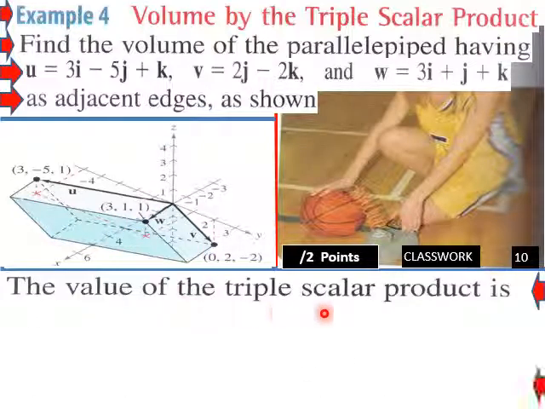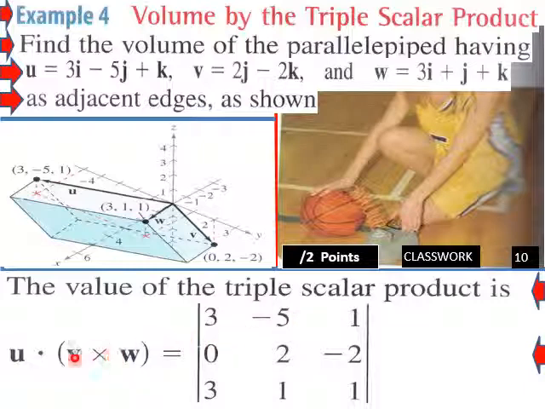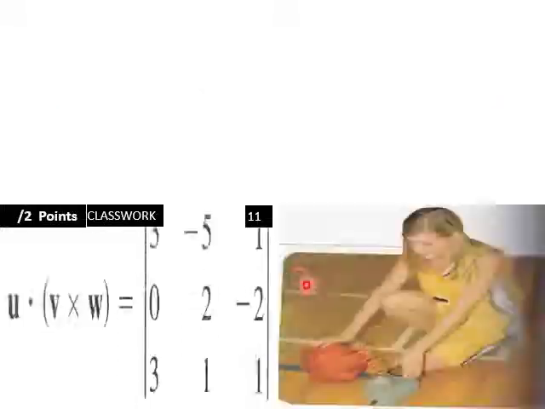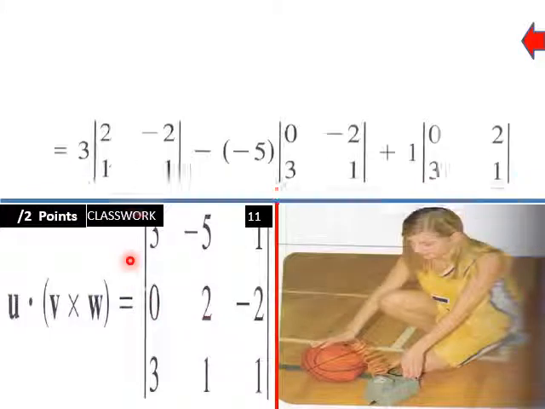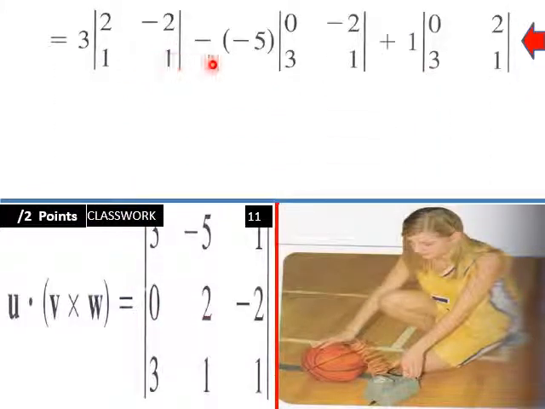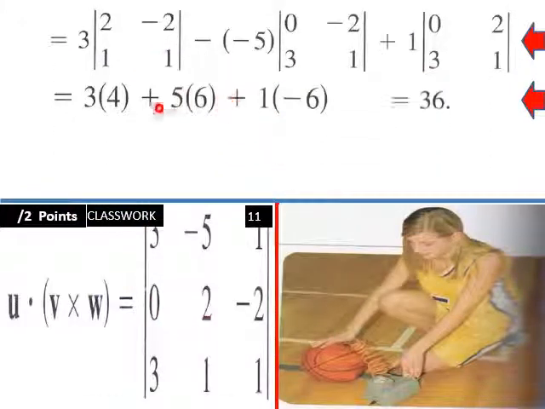The value of the triple scalar product is, here it is, u times quantity v times w equals this array here, 3, negative 5 and 1. This is u, and then v, 0, 2, negative 2. And then w, which is 3, 1, 1, which is here. So having those three dimensions there, we end up with this sum here.